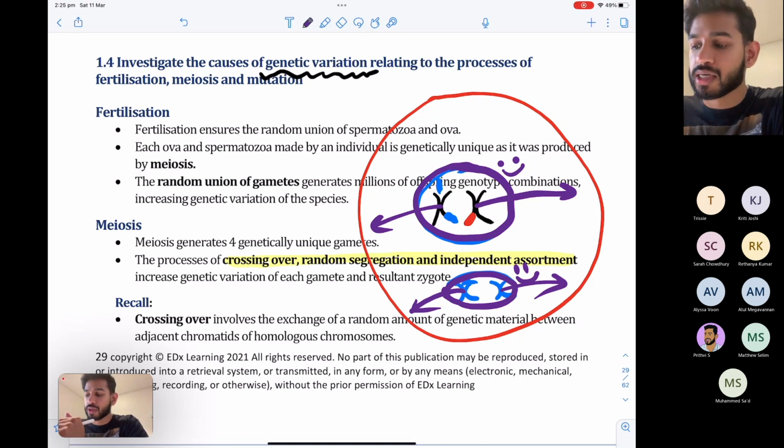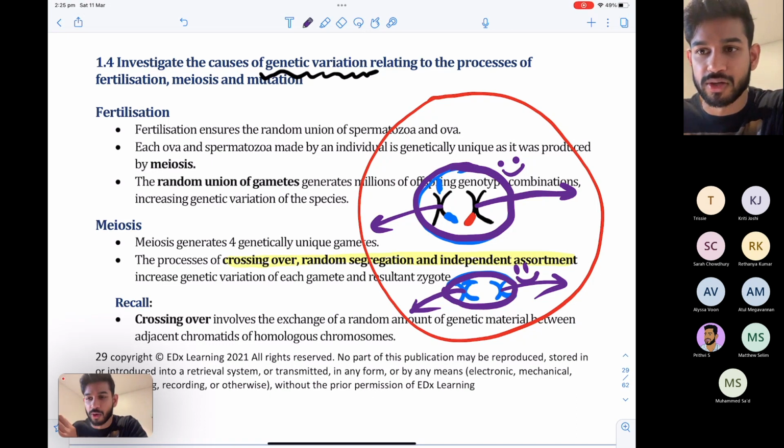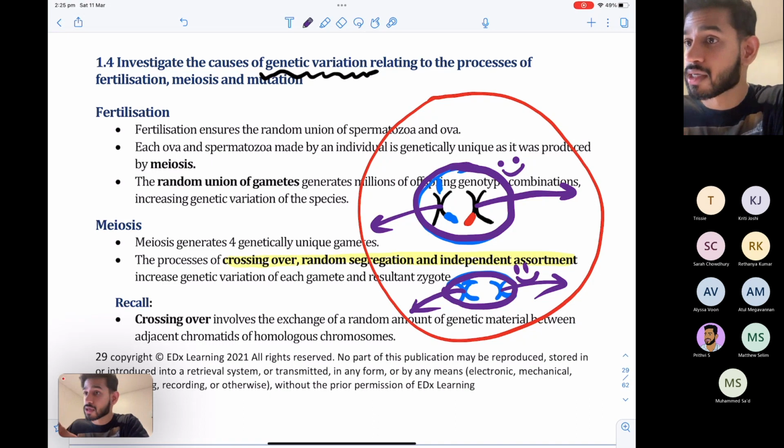Good. I want you guys to make sure you don't mis-explain these processes, because examiners, these businesses that make your trial papers, they know what students struggle with because they make it every single year, right? And this, what I've just explained to you, is a very core concept that a lot of students don't understand, often because either teachers don't understand it themselves, or they haven't run through it enough times that it visually makes sense.